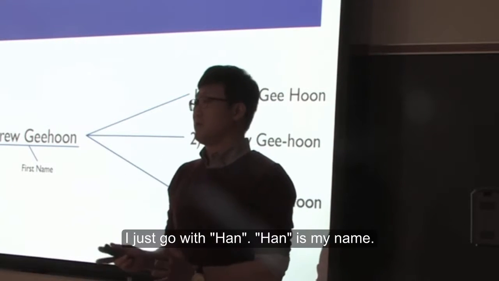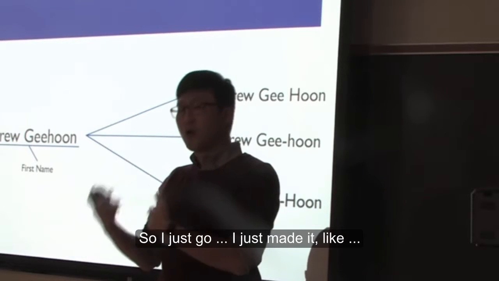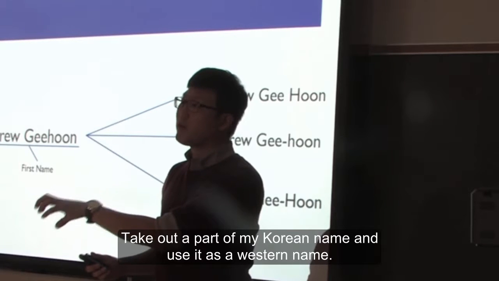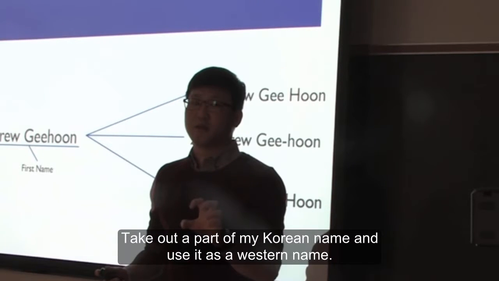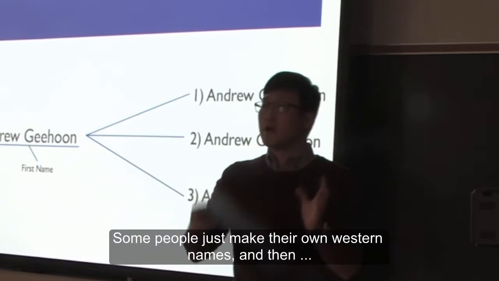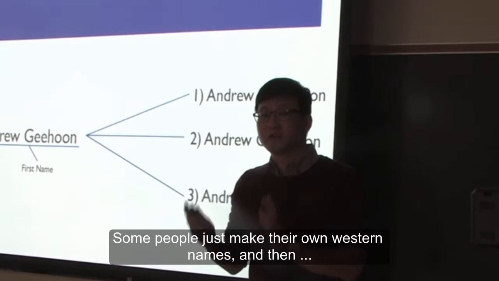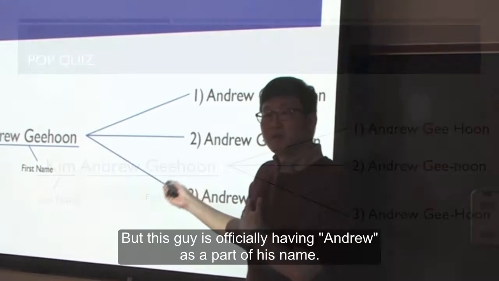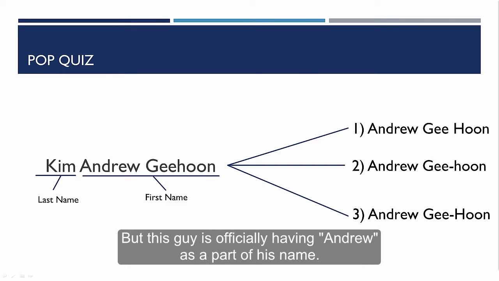Han is my name. I took part of my Korean name and use it as a Western name. Some people just make their own Western names, but this guy officially has Andrew as part of his name.